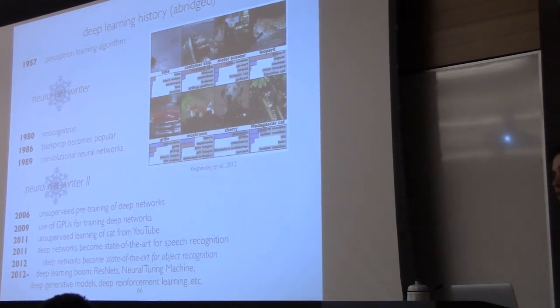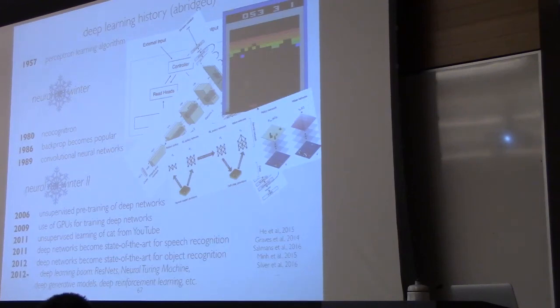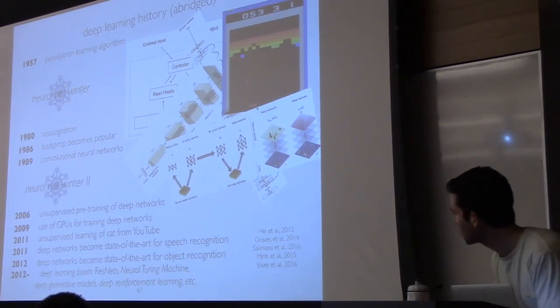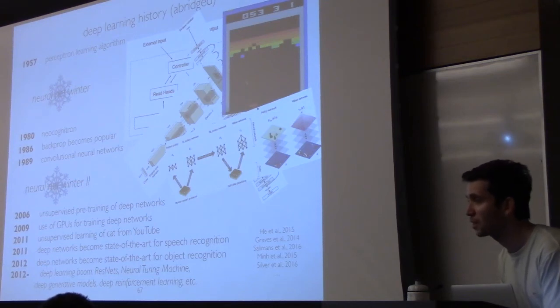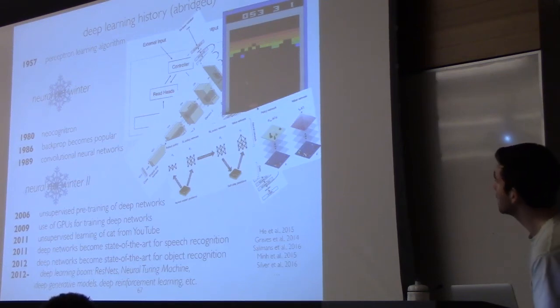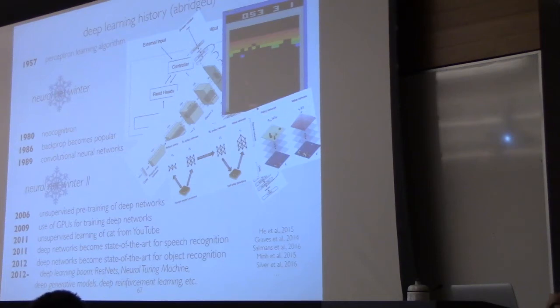We trained a neural network to classify objects, and this more than halved the error rate of the next best approach, which was not a neural net. Since then, it's been a deluge of neural network research coming out of academia and industry. You've seen neural Turing machines, deeper and deeper networks, deep reinforcement learning for the game of Go and for Atari. People finally have the tools to do this research, and they're finding some very amazing things.